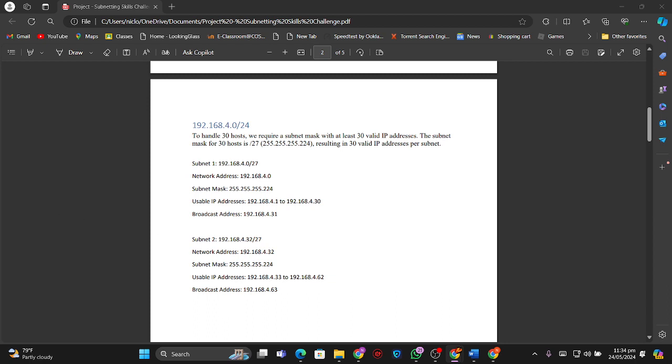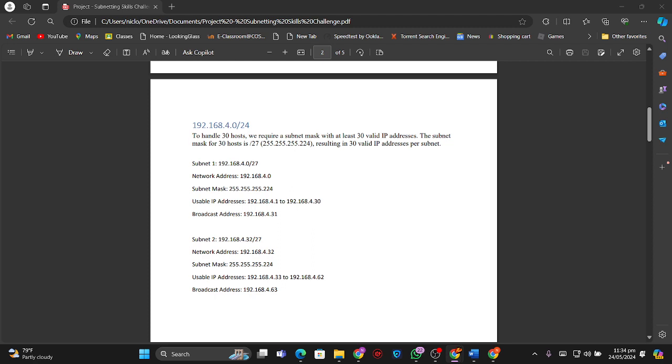To support these 30 hosts, we need a subnet mask that provides at least 32 IP addresses: 30 usable, one for the network and one for the broadcast address. A /27 subnet mask, 255.255.255.224, gives us 32 IP addresses.